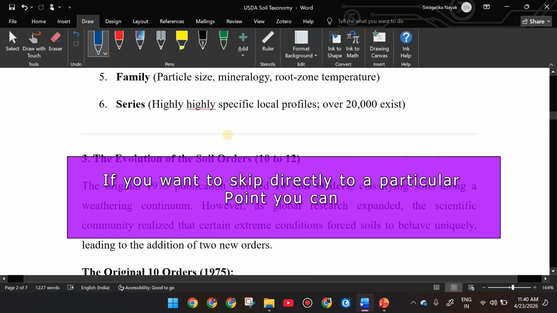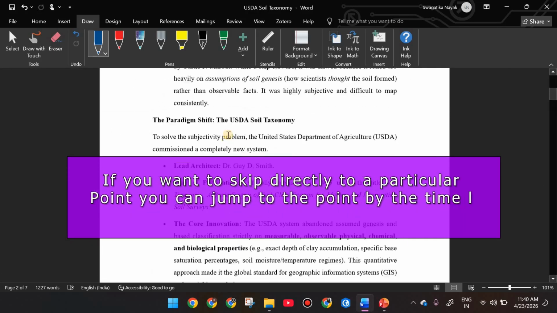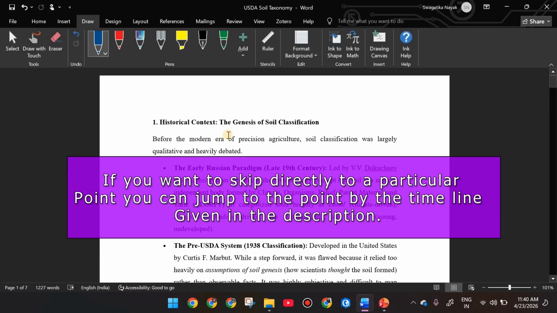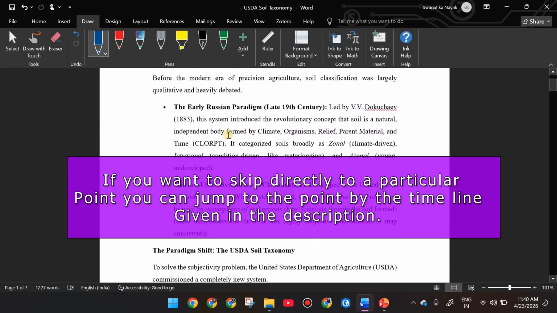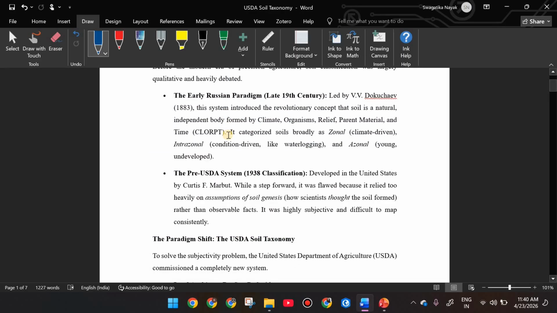A question that might be in your mind is: before this USDA soil taxonomy, what other classifications of soil were there? It was in 1975 that USDA published its soil taxonomy, but before that, there were some other methods.